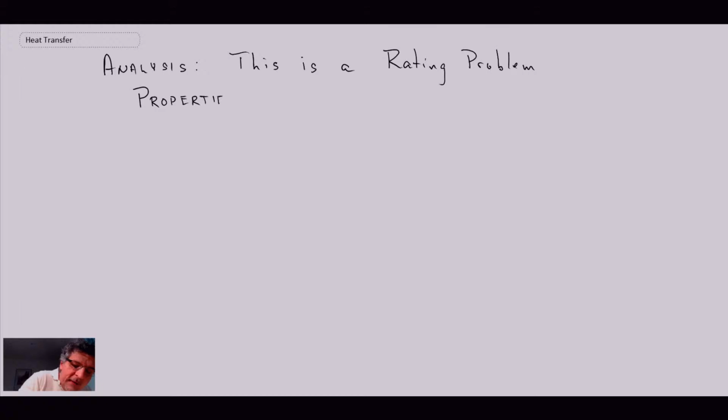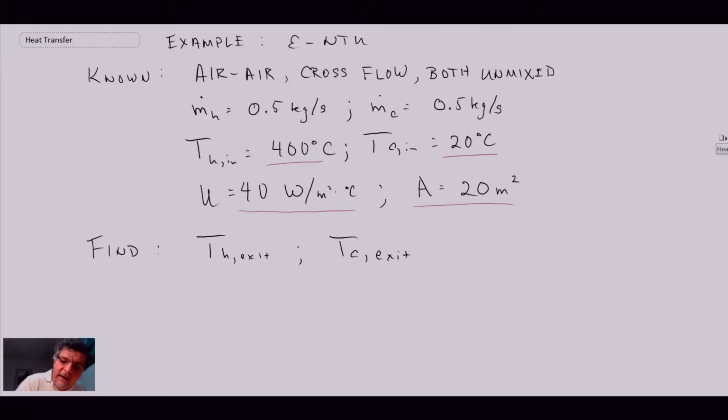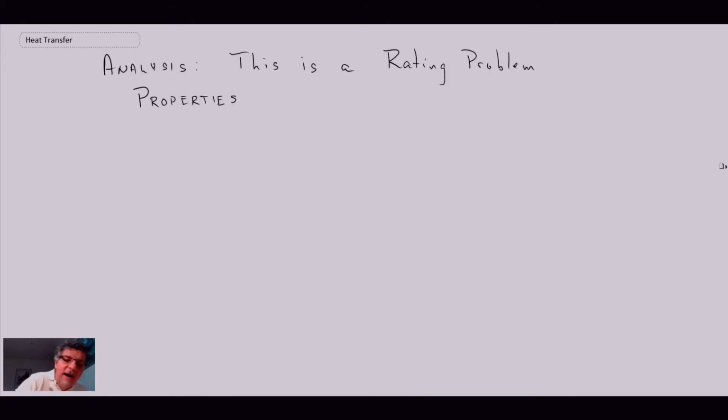We have a little bit of a problem here, because if we look back at what is known, we know the inlet temperatures of both gas streams, but we don't know the exit temperatures. Usually we're supposed to evaluate the specific heats at the average temperature, and we don't know what that is. So we're going to have to do a bit of a guess here, and we will begin by evaluating at the inlet temperatures.